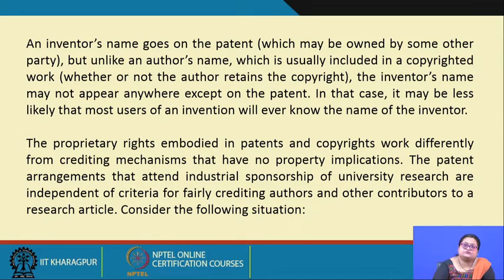So, that is the slight difference. When there is a copyright, the author's name is included in the copyright, and even if it does not remain with the original author, it gets transferred.